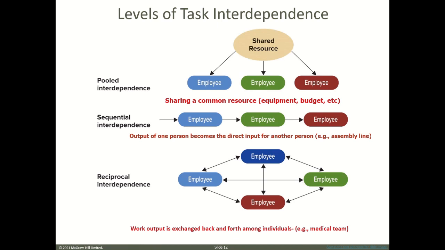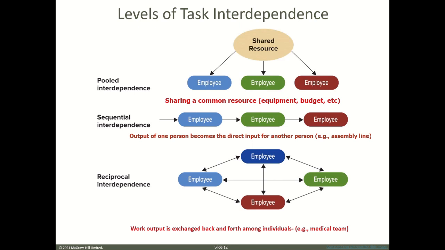So we have levels of task interdependence. On the left hand side, we can see pooled interdependence. Pooled interdependence means sharing common resources, equipment or budget, when in the team there is one budget. Take an example of a manufacturing company where some procurement and purchasing decisions need to be taken.